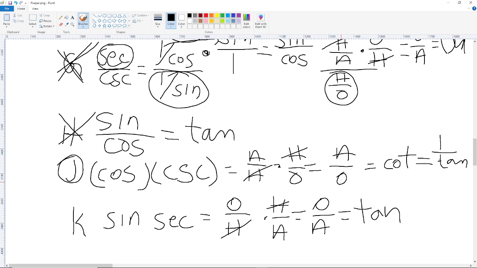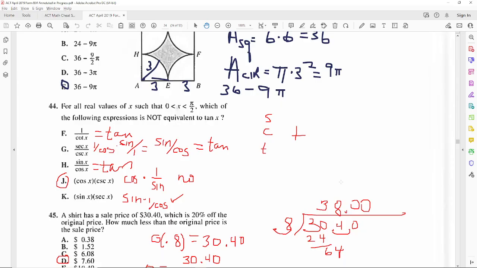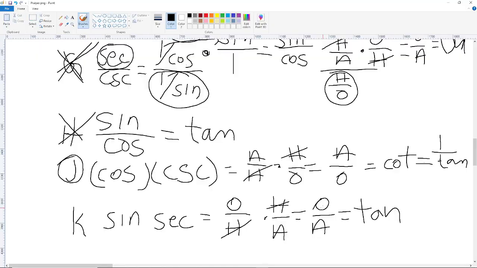If you're in degrees mode, you could do 30 degrees. Then do 1 over cotangent of 30 degrees, secant of 30 degrees over cosecant of 30 degrees for G, and see which one of those equals tangent of 30 degrees, or which one doesn't equal tangent of 30 degrees, and that will be your answer. But here's how to do it with all the ratios. And we found out that the answer was J.